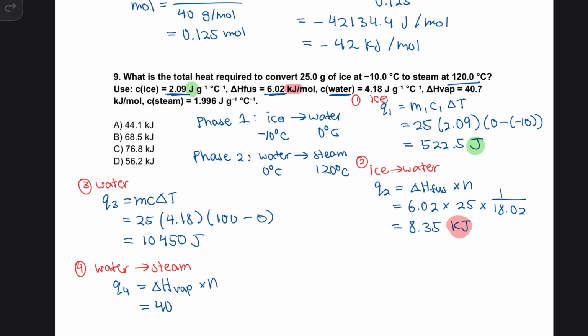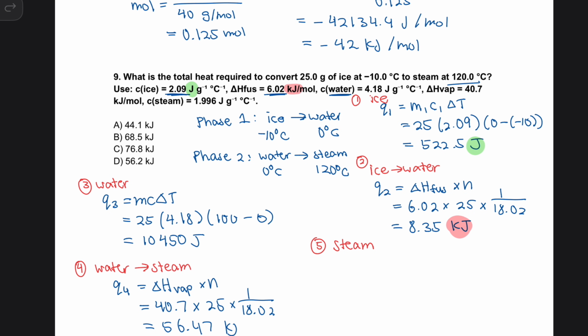So this is 40.7 times mass divided by molar mass, and we'll get 56.47 kilojoules.